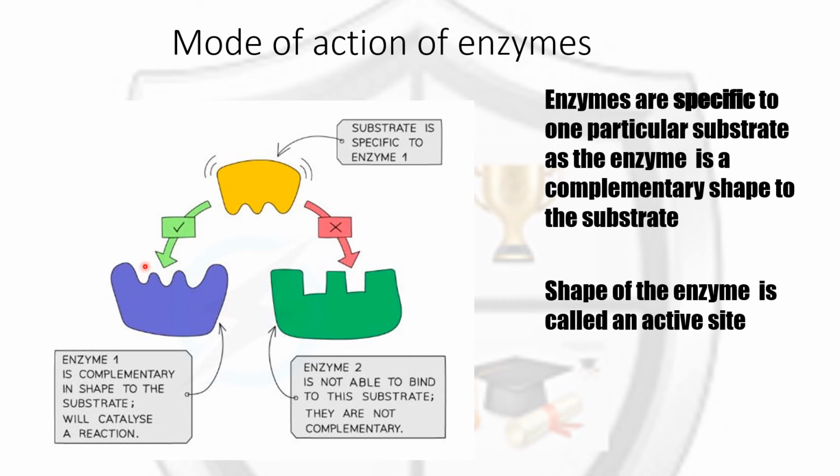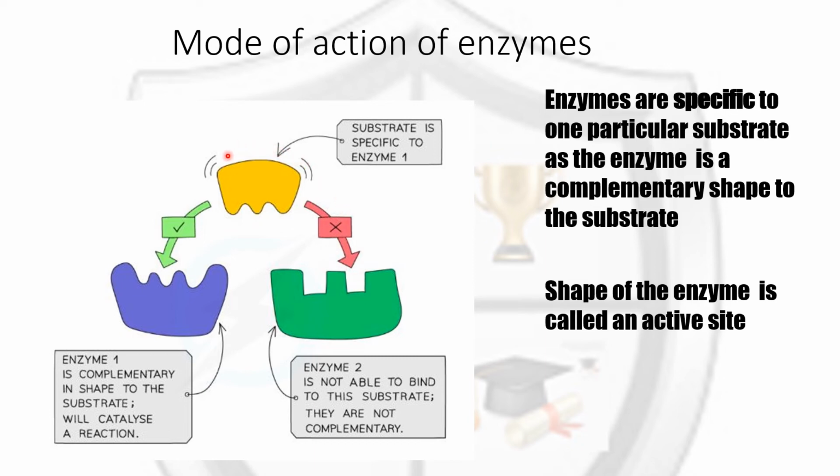And these enzymes have specific shapes. We have a shape there, and we have another shape. These specific shapes possessed by enzymes are known as the active site. So every enzyme has an active site, and the active site has a particular shape.